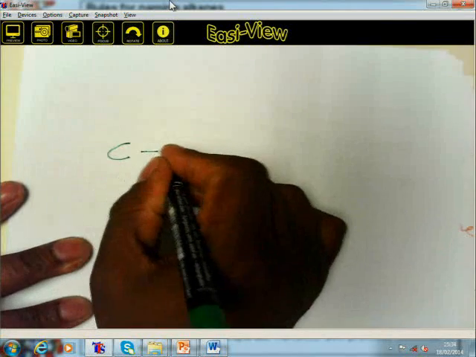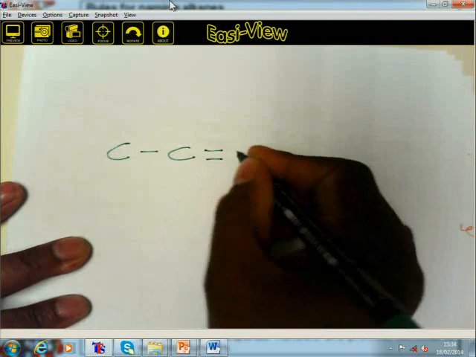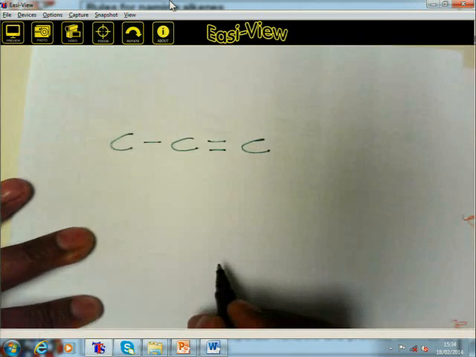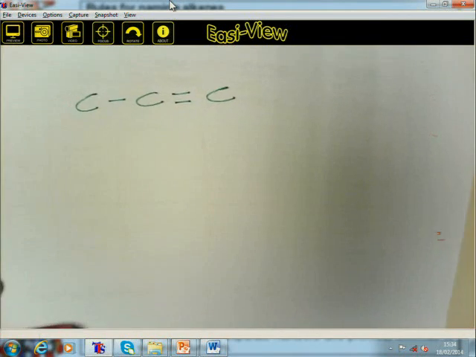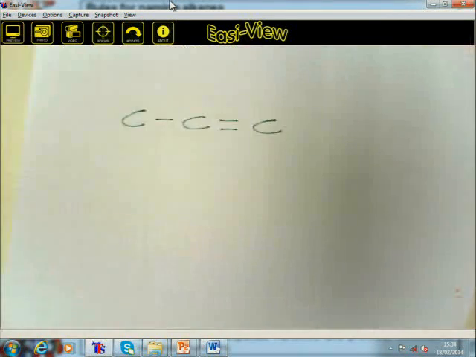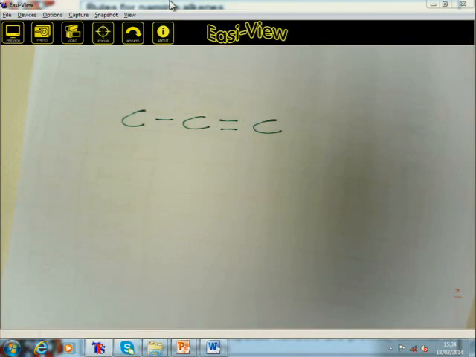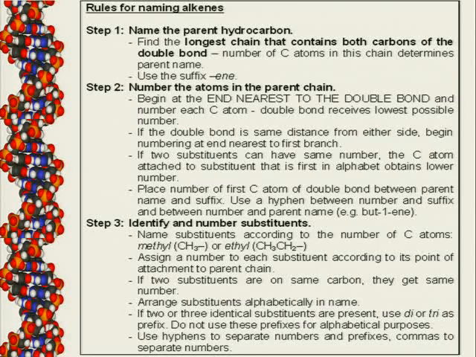You'll have carbon number 1 there, carbon number 2 with a double bond, and carbon number 3. So you'll see when we look at the second step for naming the compound, they say here you must number your carbon atoms in the parent name. You begin at the end nearer to the double bond, and then you give the number of the position of your double bond.